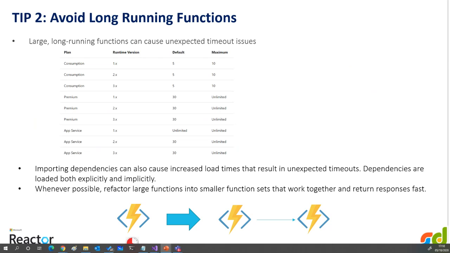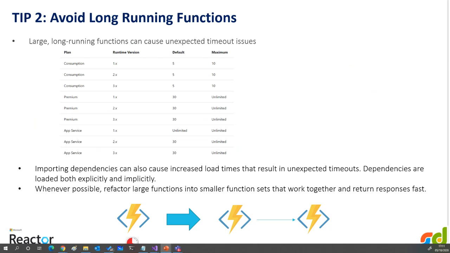If you want a more advanced timeout, more unlimited timeouts, you need to go at least to the premium tier if you are using the consumption plan, or you need to handle the app service tier. And remember that timeout is not only affected by the duration of the call, but also by whether your function imports dependencies or third-party libraries, and this affects timeouts. So you need to handle and remember that.